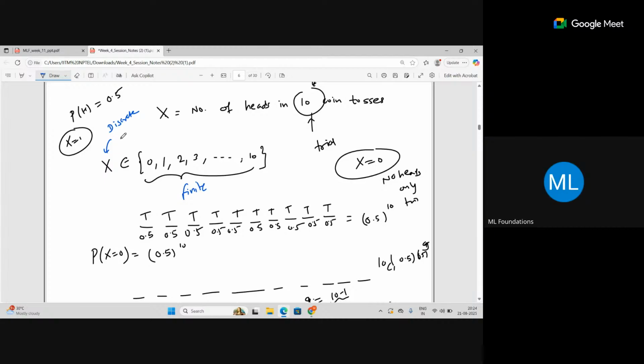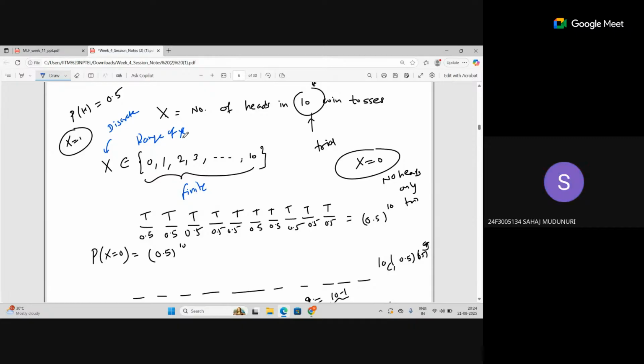Is that fine? So if the values taken by a random variable are countable, then hypothetically, if any random variable x takes 200 values, or in other words, the range of x, as it is also called, has 200 values, then will it be a discrete random variable or a continuous random variable?